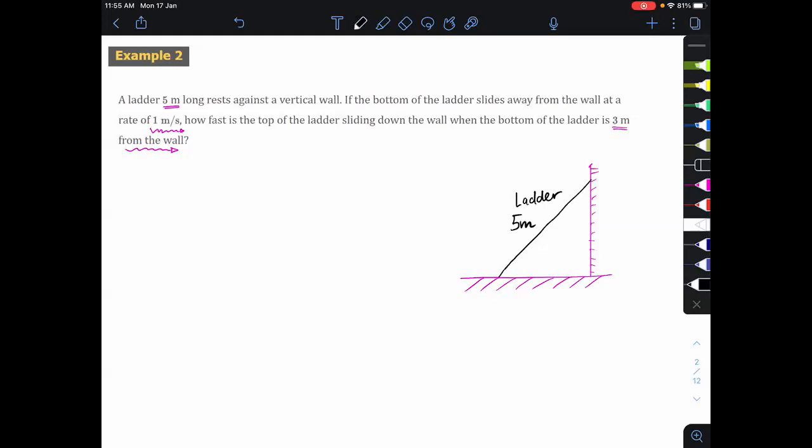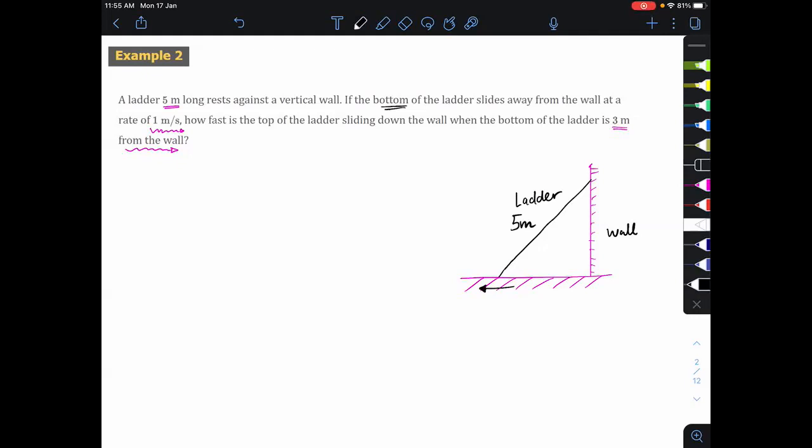The bottom of the ladder slides away from the wall, so the horizontal distance will increase, right?